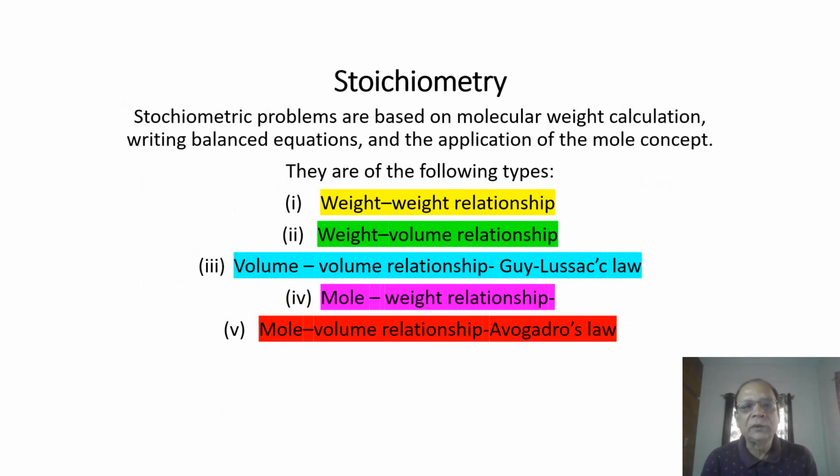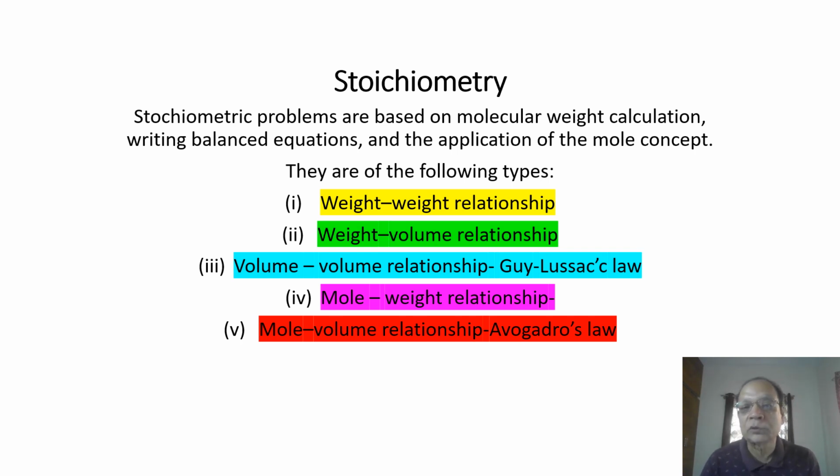Stoichiometric problems are based on molecular weight calculation, writing balanced equation, and the application of the mole concept. They are of the following types: weight relationship, where one weight will be given and the other weight may be asked. Weight volume relationship, where weight of a compound is given and the volume of the gas evolved is asked.